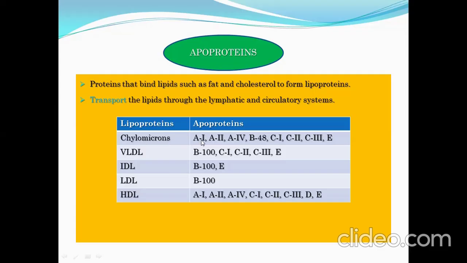Chylomicron has apo A1, A2, A4, B48, C1, C2, C3, and apo E. VLDL has apo B100, C1, C2, C3, and apo E. IDL, intermediate density lipoprotein, has apo B100 and apo E, whereas LDL, low density lipoprotein, has apo B100, a single one.